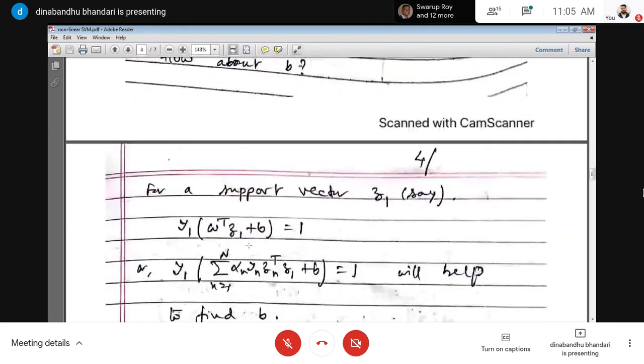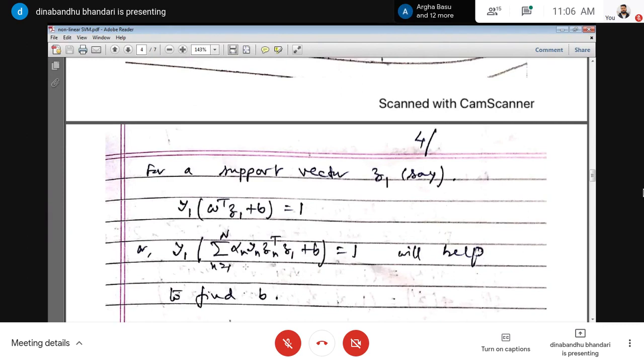Let's see how we can find the value of B. If we have a support vector Z1, then obviously Y1 into W transpose Z1 plus B equals 1. It will satisfy this condition. Now we know W is the sum of alpha n, yn, Zn, so W transpose Z1 is the sum of alpha n, yn, Zn transpose Z1, and we know Y1. So this will be an equation, and if you solve it, we can find the value of B easily.